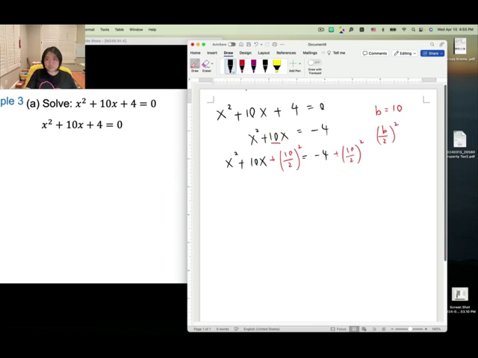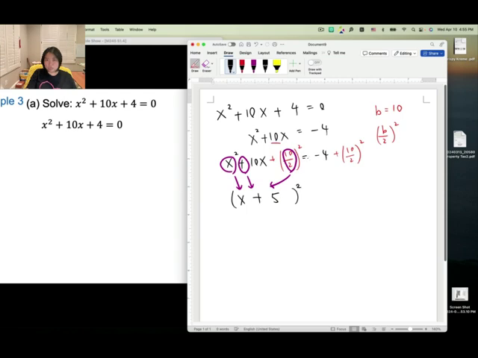Okay, when you factor this one, there's a trick. You do x, and since you have a plus, you only copy 10 over 2 here. So we have x plus, only taking 10 over 2 here. 10 over 2 will be equal to 5.